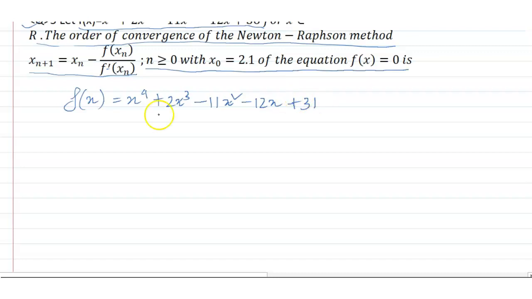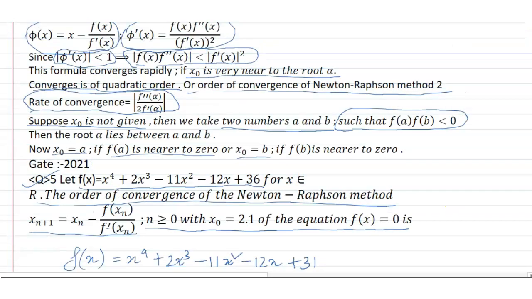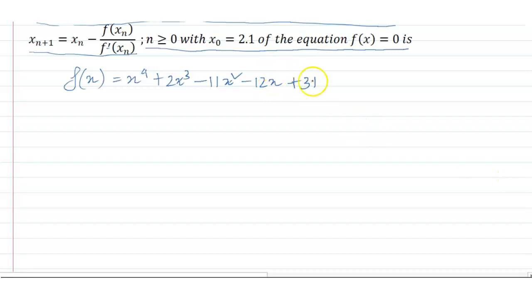Now putting the value, f(2), whatever I get is 16 plus 16 minus 44 minus 24 plus 36. So this value is 0.